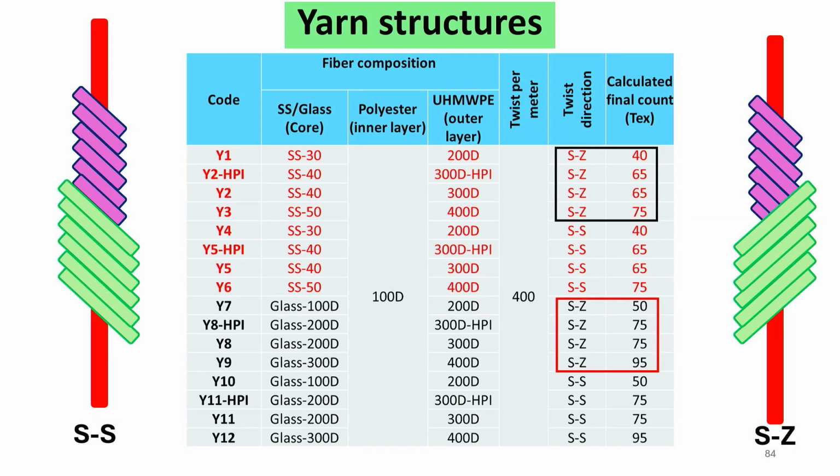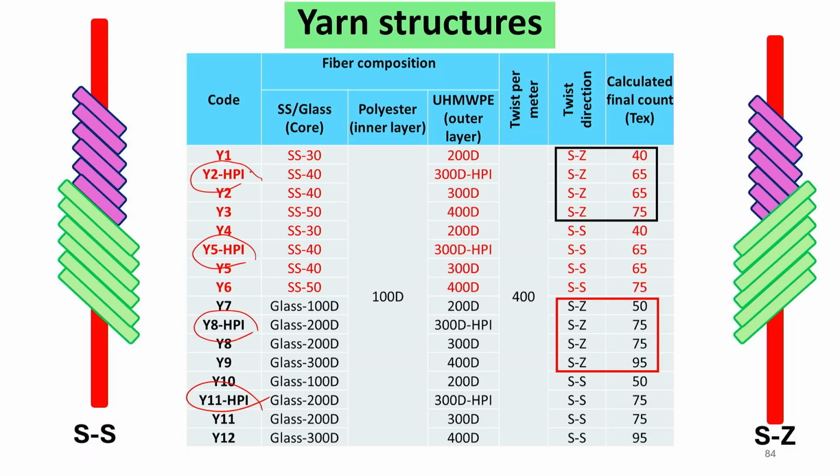And the yarns which were developed: yarn 2, yarn 5, yarn 8 and yarn 11 are made of hard particle impregnated yarn. That same yarn was used for cut resistance.